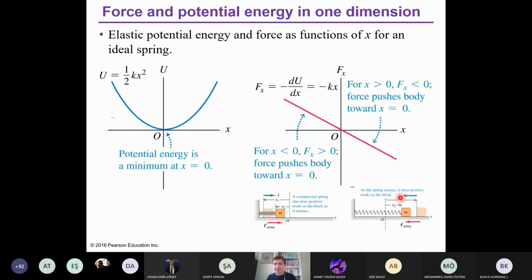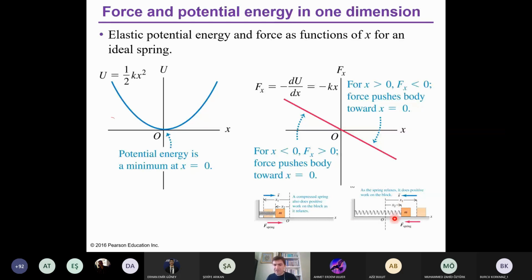The x is positive here. I have stretched the spring. X is positive, so if x is positive, then force is negative. Why is force negative? Because the direction of the force is along the negative x due to this minus sign here.